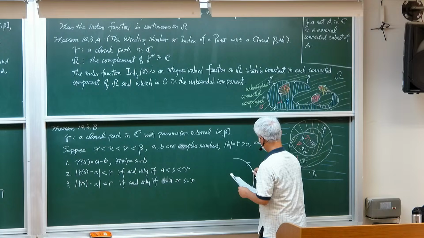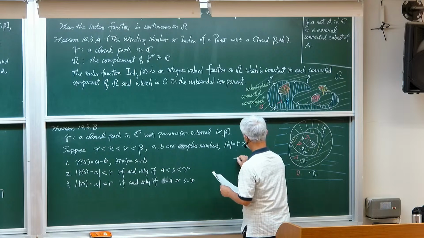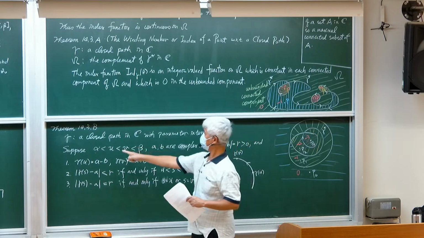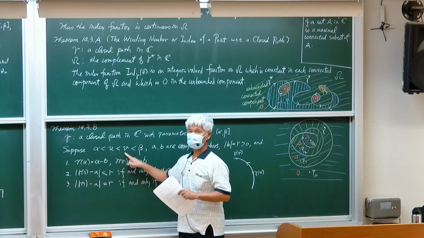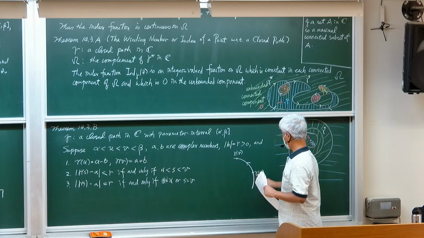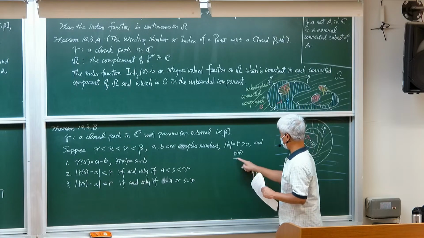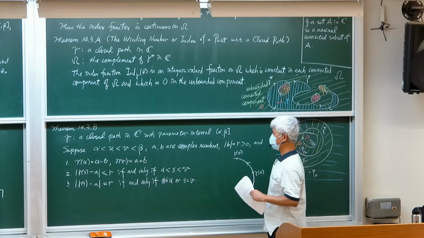This point is gamma(u), and this is gamma(v). Because u goes to v, the direction or orientation is from gamma(u) to gamma(v). The orientation is here.